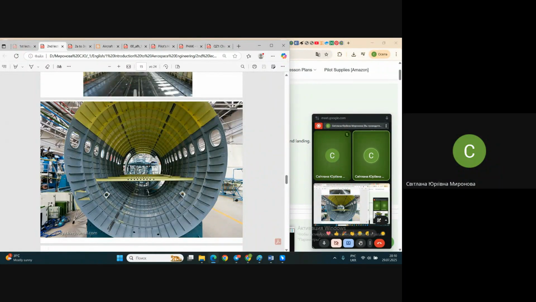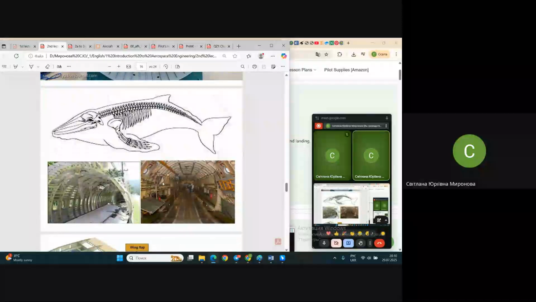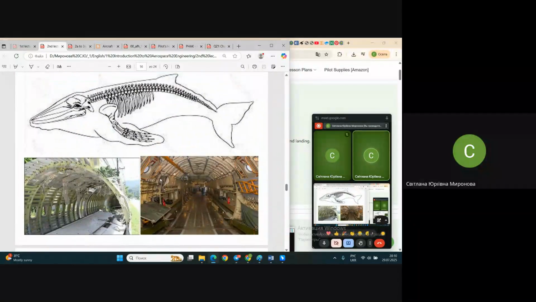And the same is reflected next in the inner structures of aircraft, of airplanes and helicopters. Practically it is the same. Maybe that whale was the skeleton of this whale in the photo from the British Museum. I hope you see very well the inner structures of the fuselage, practically start assembling and half assembled already.